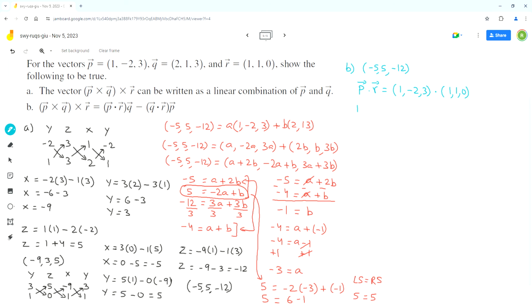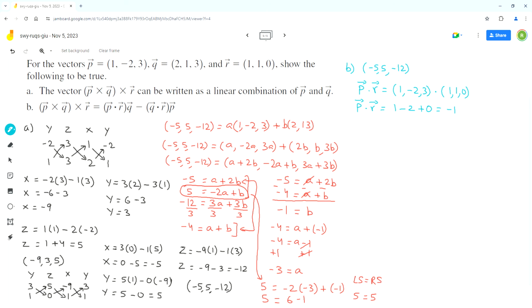Now we can do the dot product. So we should multiply the x, y and z components of these two vectors. So 1 times 1 is 1, -2 times 1 is -2, and 3 times 0 is 0. So I get -1.